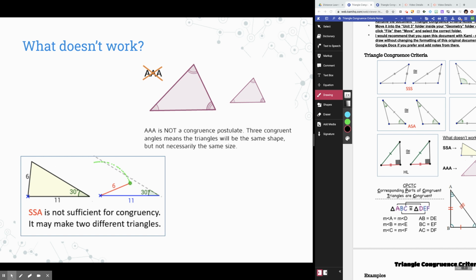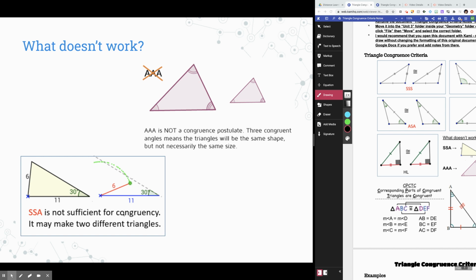The first is AAA, which is angle, angle, angle. The reason that doesn't work is because if you have all three angles the same, you can make the side lengths whatever you want. You could make them really, really large or really, really small. You'll get triangles that are the same shape, but not necessarily the same size, which is exactly what you see here in this picture, okay?